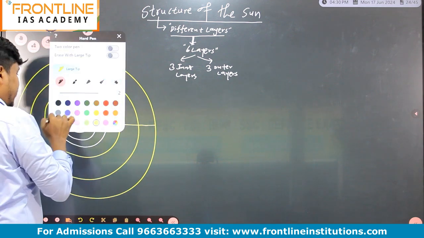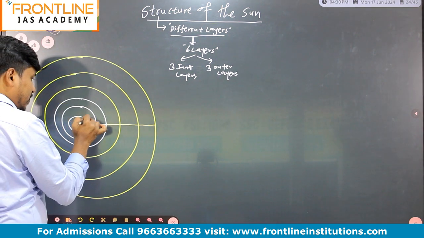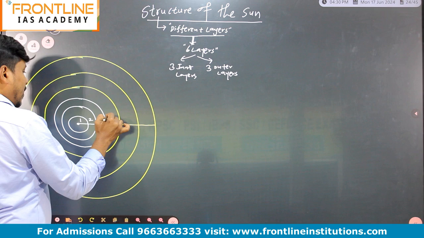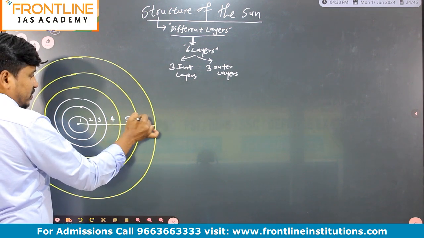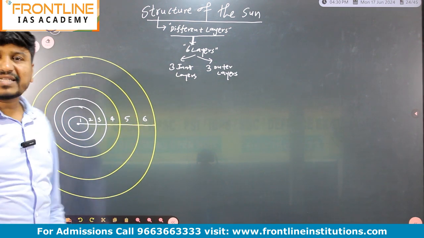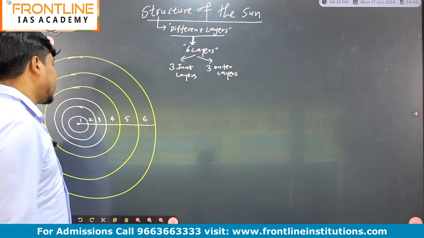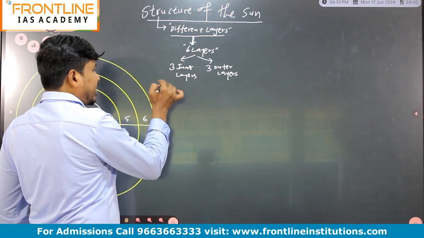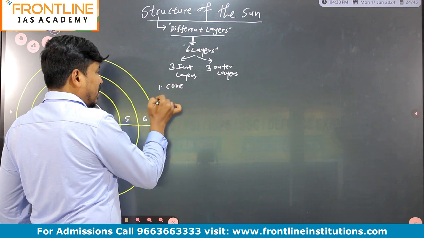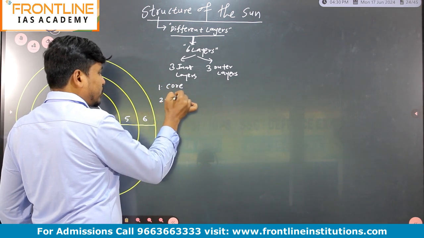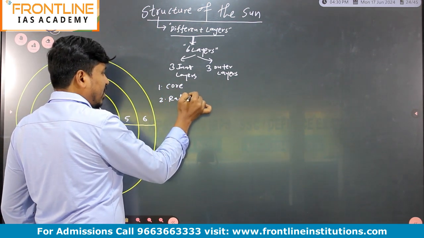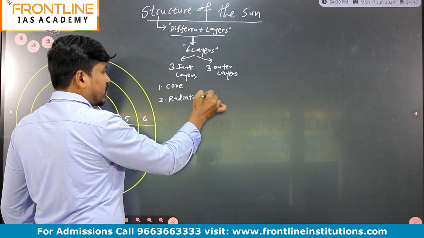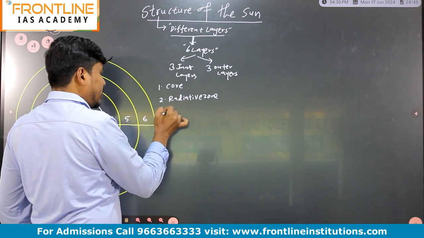So in total there are 6 layers, 3 inner layers and 3 outer layers. The 3 inner layers are the core, and the second one is the radiative zone. The third one is the convective zone.